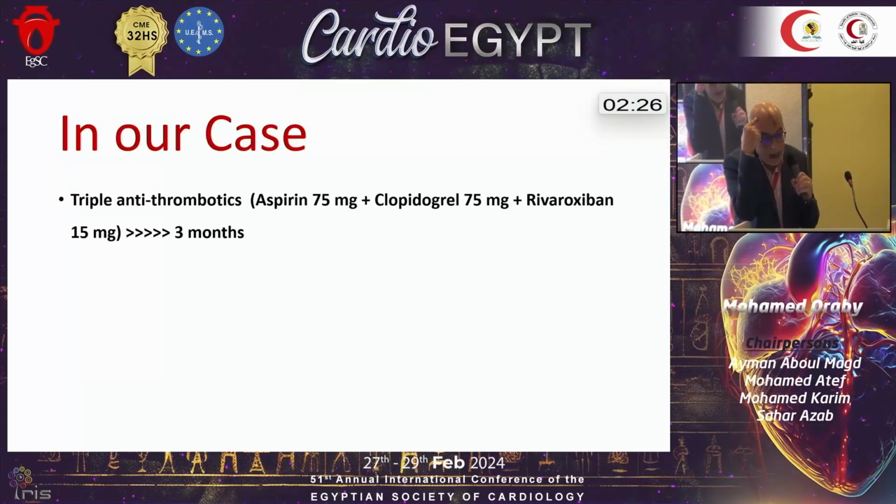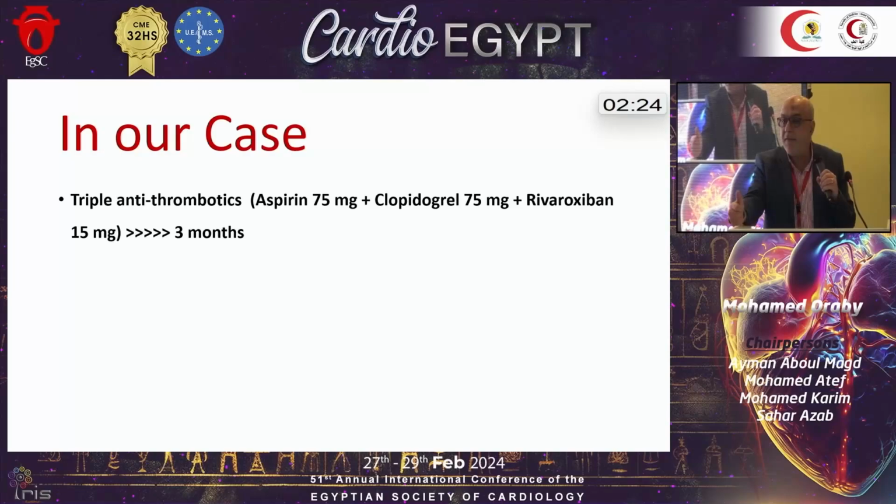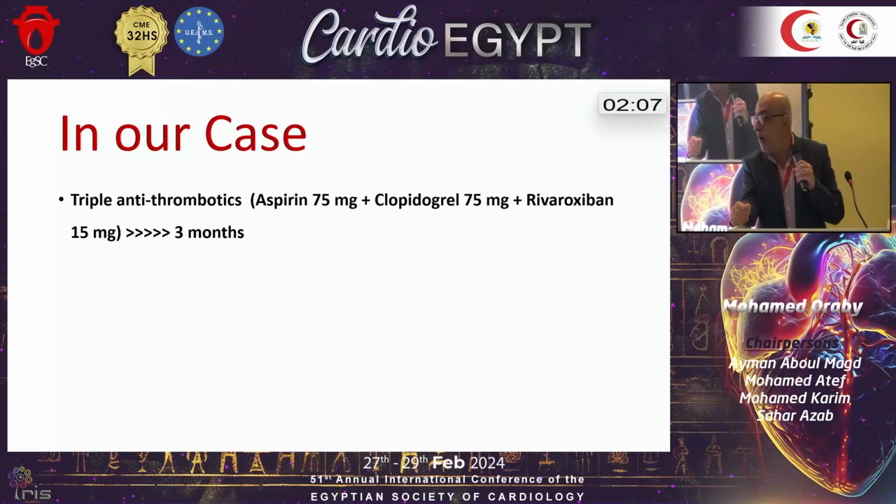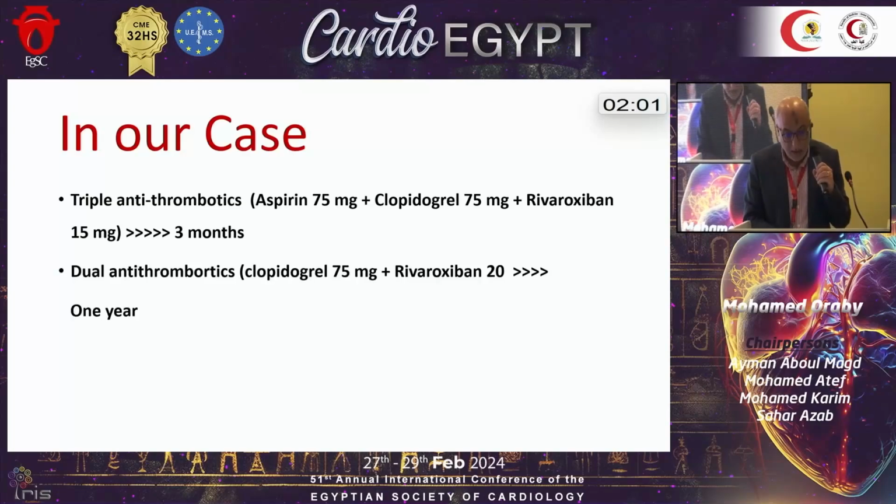So in our case, I think he is presenting in a very high thrombotic risk situation and in a relatively low bleeding risk profile. He is young. So starting triple antithrombotic therapy, combining dual antiplatelets and one of the NOACs is strongly indicated for at least 3 months.